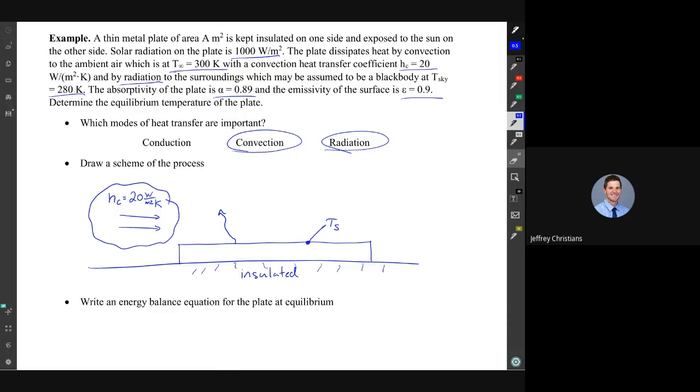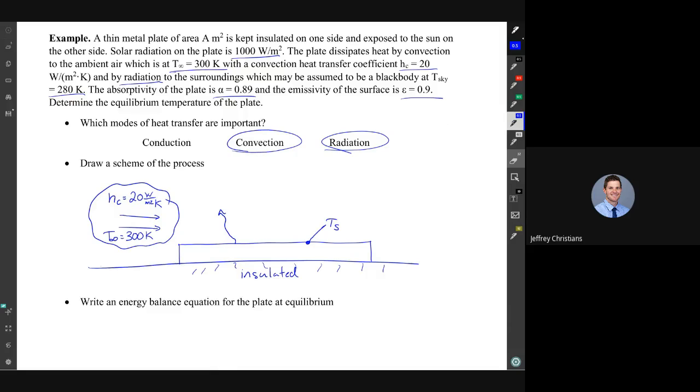So that's my standard picture of it. And h equals 20. What's the temperature of the air? 300. This is T infinity, 300 K.